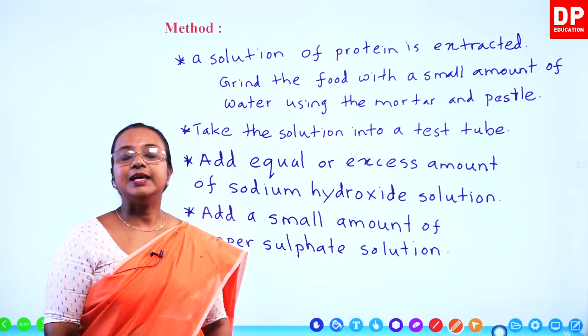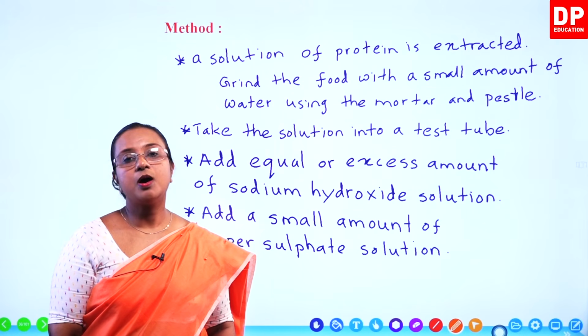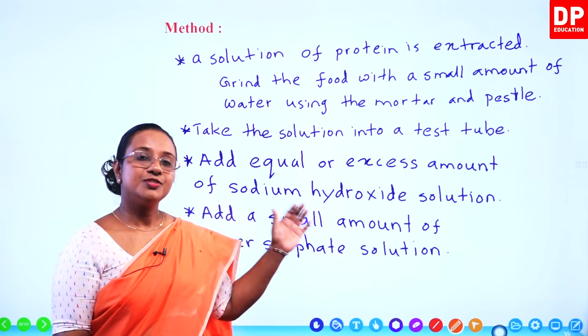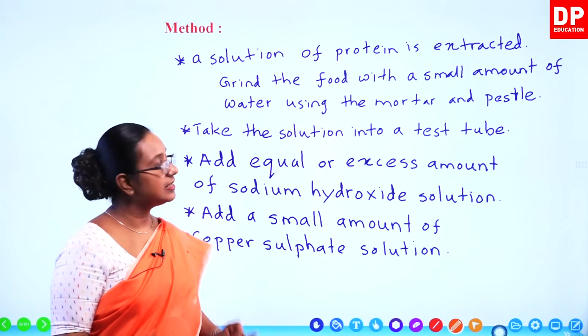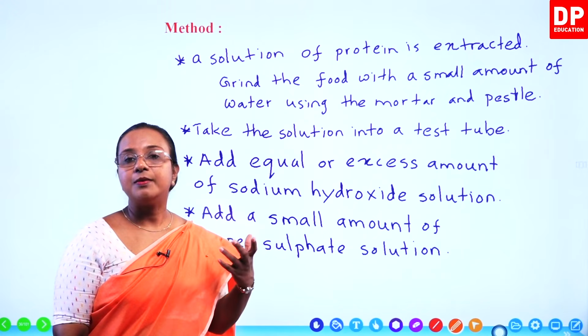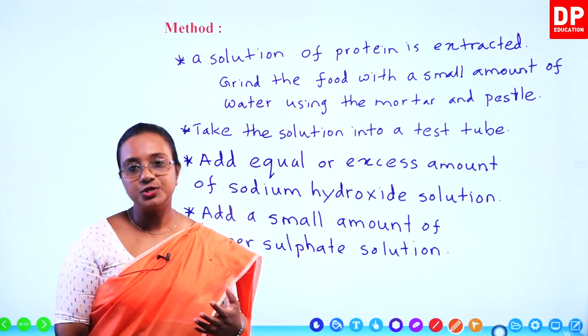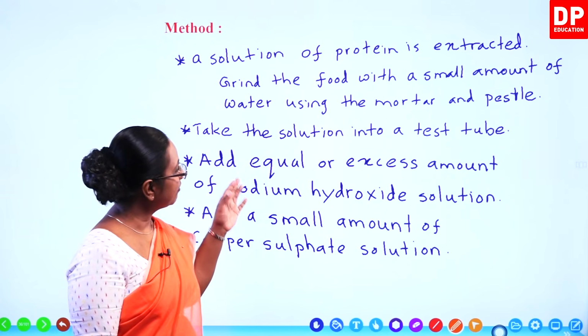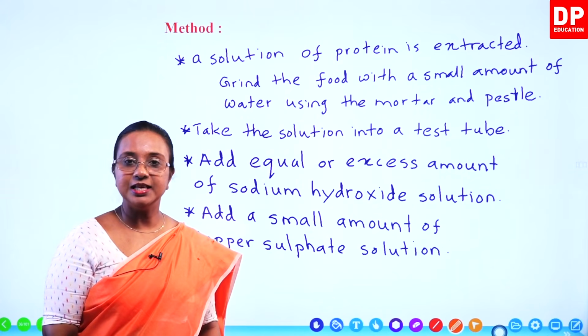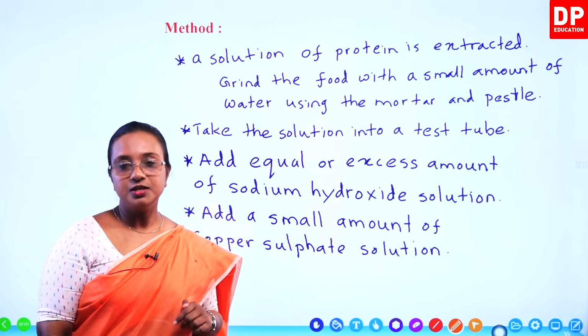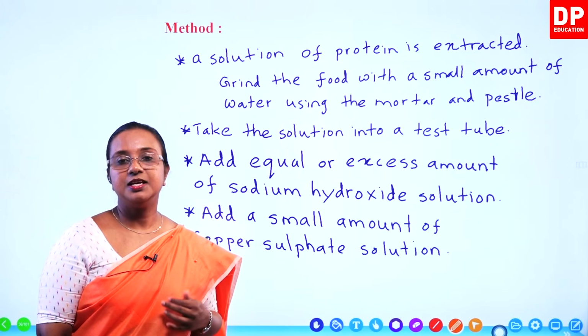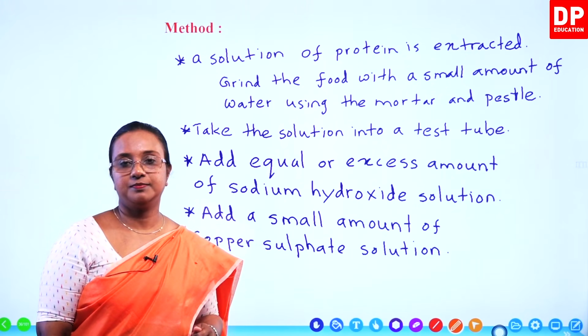Then you will get the required observation. So, students, this is a very simple activity where we test the presence of protein in a food sample. Now that you have understood the steps clearly, let us go and carry out this activity in the laboratory.